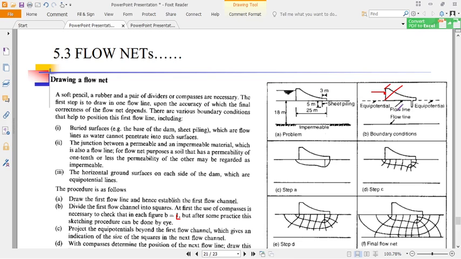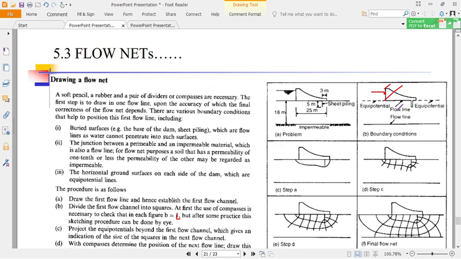Now for determining Q, remember we said that Q is per meter. Per meter width or length of the dam. This is Q per meter length of the dam. Remember we said that our B is times 1, that is per meter width or per meter length of the dam. Is that clear?